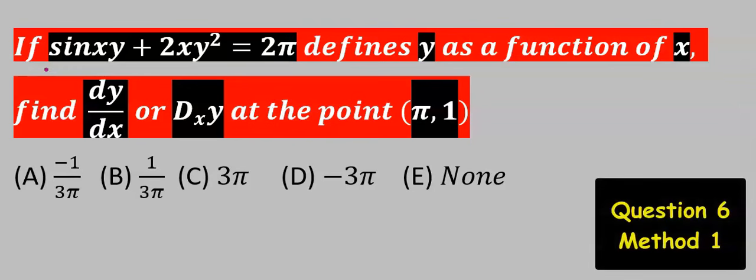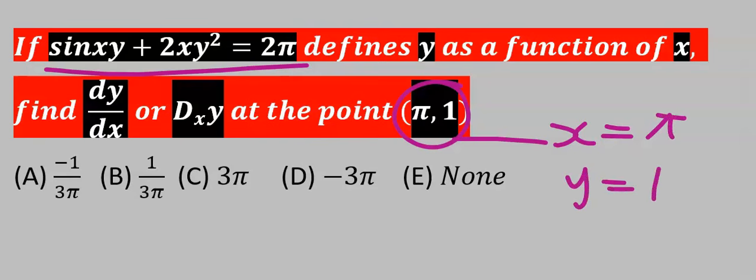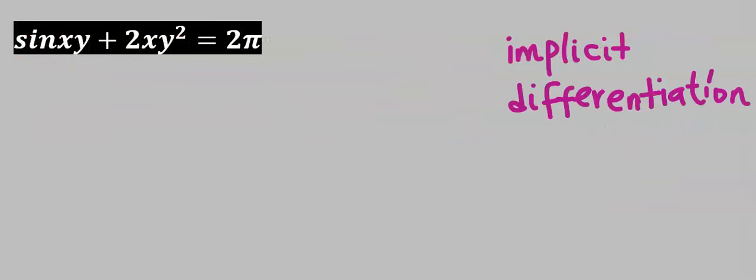Next, let's differentiate this function. And after we obtain dy/dx, we're going to substitute x is equal to pi while y is equal to 1 into the final result. To solve this problem, let's apply implicit differentiation.